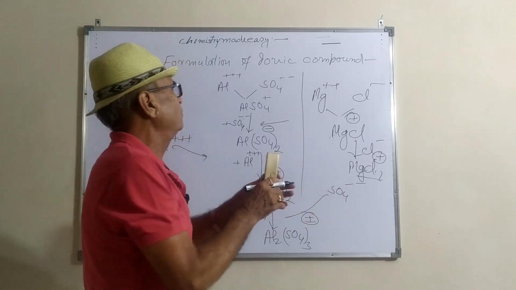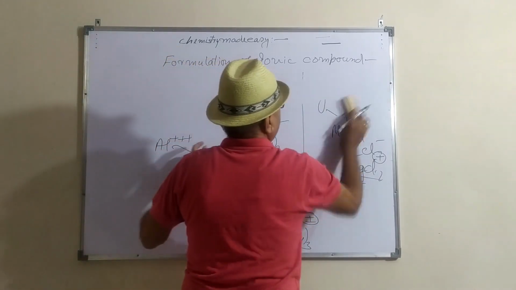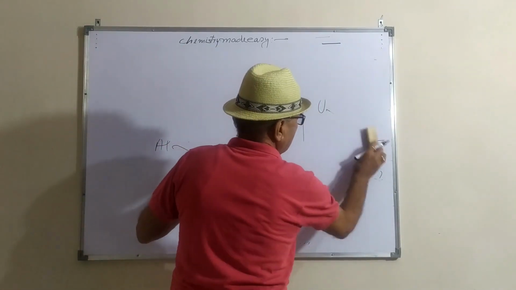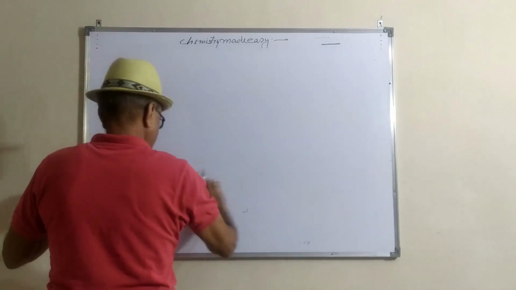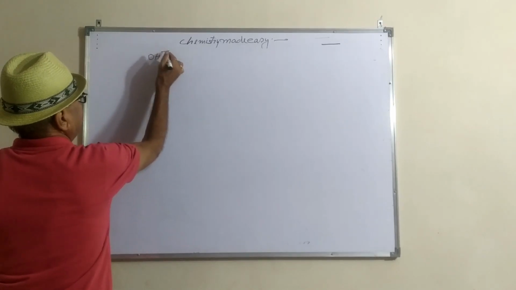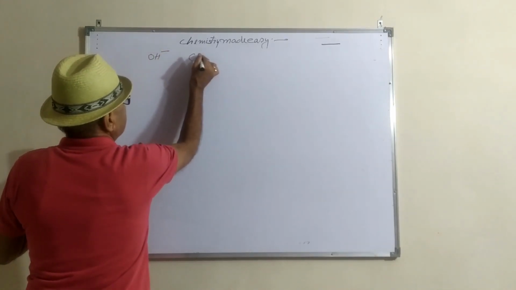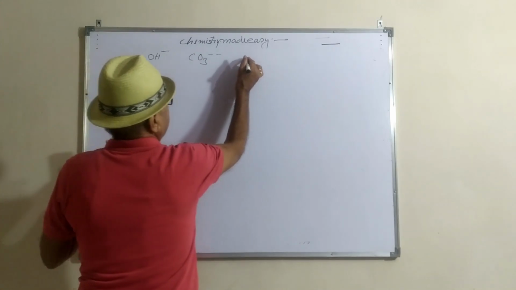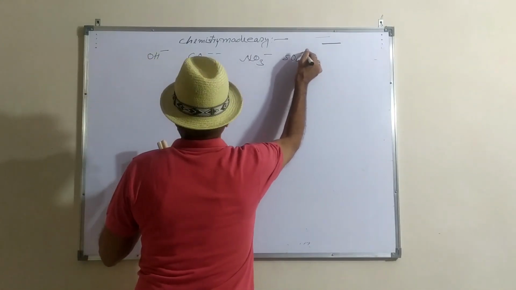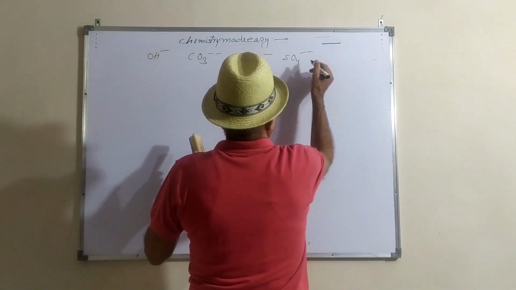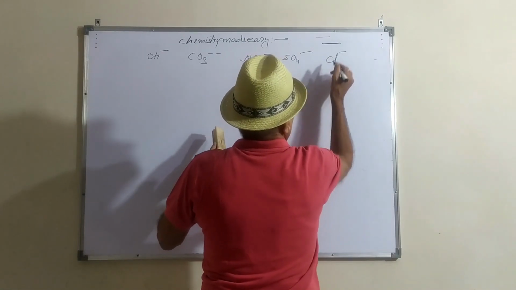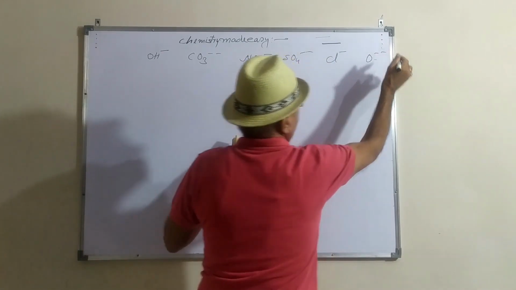Now I am going to give you a practice table. How will you practice making the formulas of different compounds? Suppose here you take OH. Please follow me and write as it is. This one is carbonate and this one is nitrate, and here take again SO4 sulfate, here you can take chloride, and here you can take oxide.